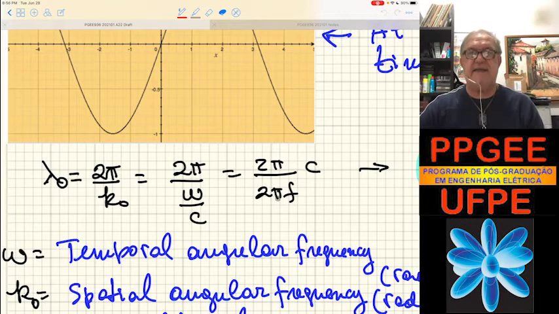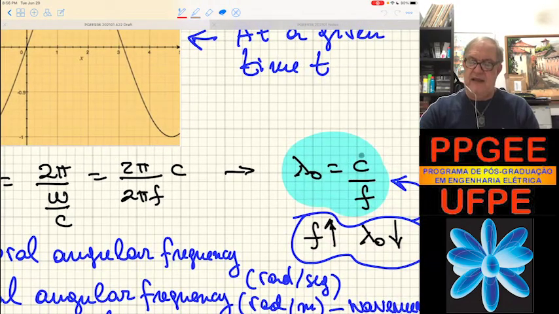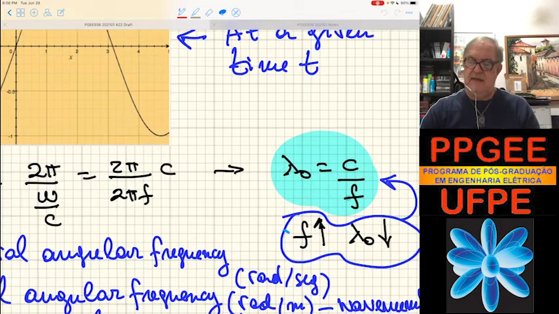Omega is 2 pi times the frequency f. So we have that very well-known relation between wavelength and frequency. High frequencies, small wavelengths. Low frequencies, long wavelengths. At high frequency the space variation is very fast, and at low frequency the space variation is very slow, large wavelengths.